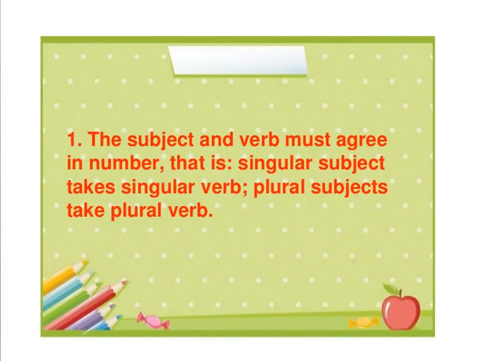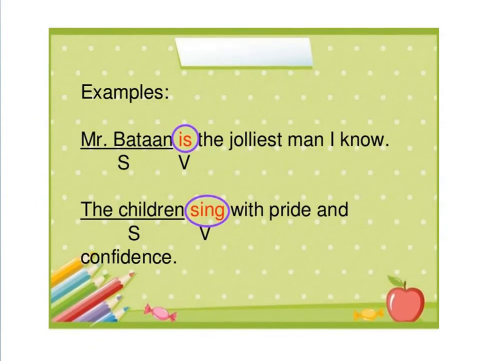The first rule is the subject and verb must agree in number. That is, a singular subject takes a singular verb, and plural subjects take a plural verb. For example, Mr. Bhutan is the jolliest man I know. So Mr. Bhutan is the subject. We know Mr. Bhutan is one in number, a singular person.